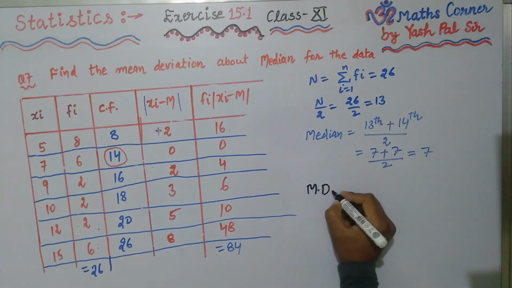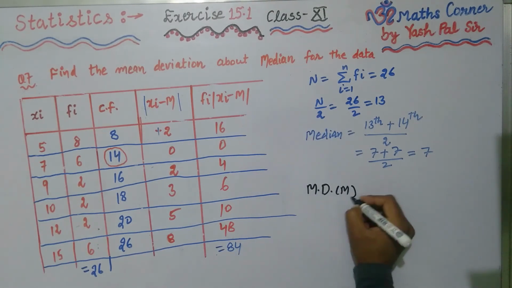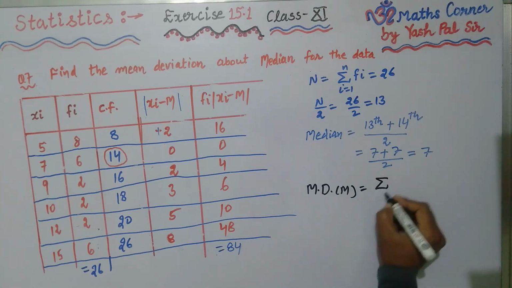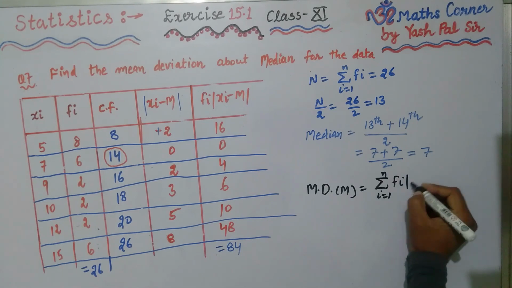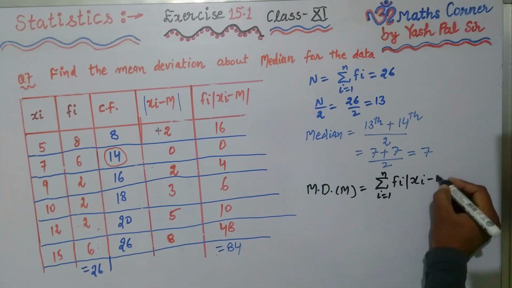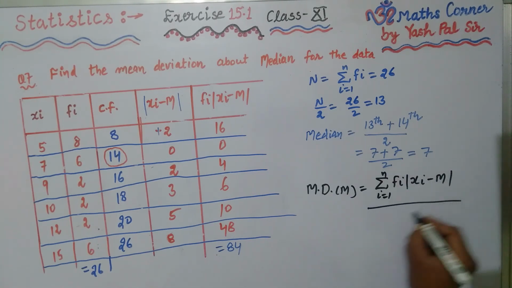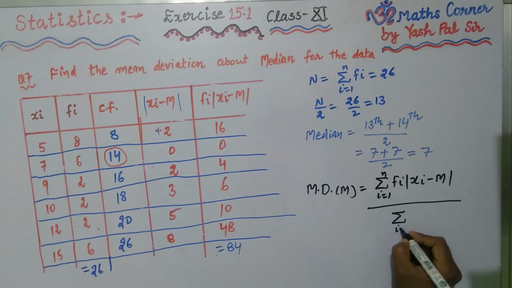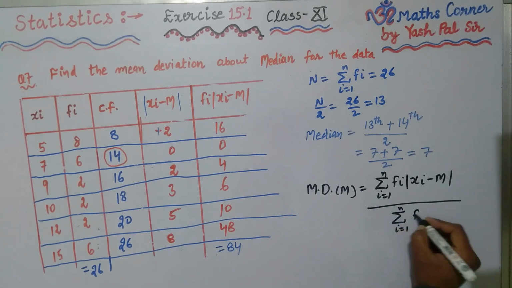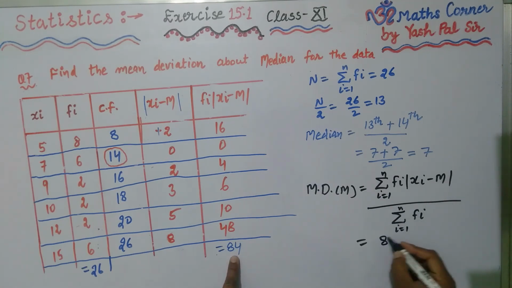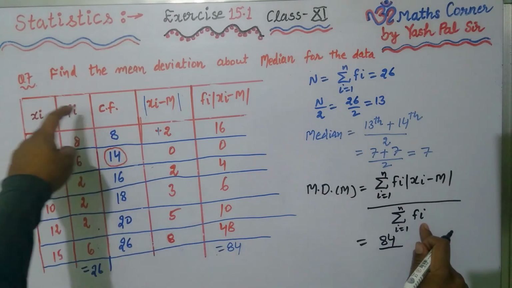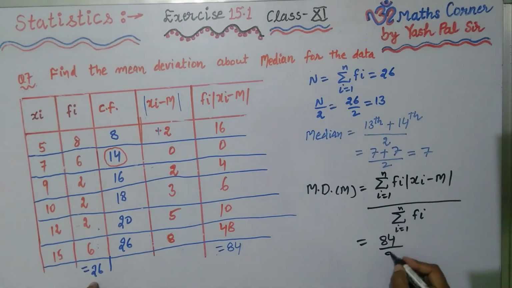Now we write the formula for mean deviation about median. The mean deviation about median formula is summation i equal to 1 to n of fi into modulus of xi minus M, whole divided by summation i equal to 1 to n of fi. So in this sum we got the answer 84, divided by summation fi, which was 26.